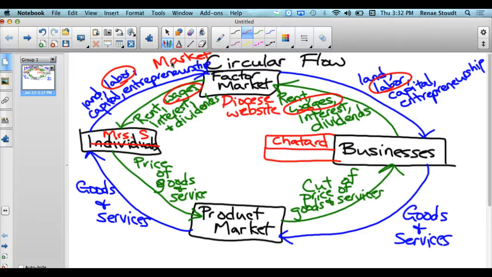The bottom half is when you actually went and bought something recently. Recently I went to Target and I bought ink for my printer, and my ink was made by Hewlett-Packard, HP. So the product market is the store where I actually went to buy it, which was Target.